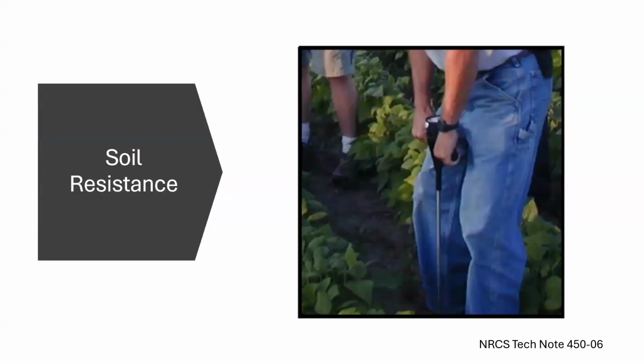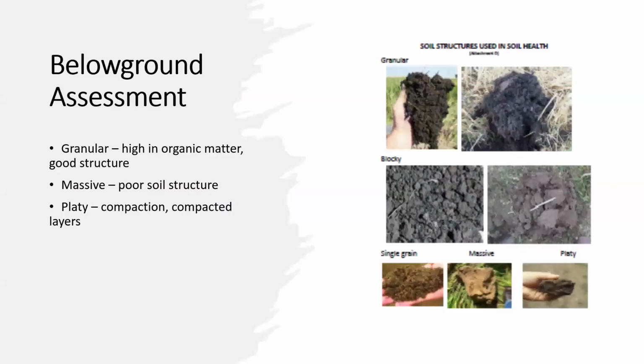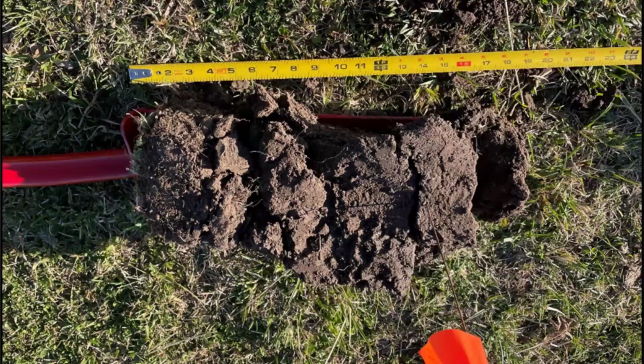You can get a penetrometer, although honestly, it's not really needed because you can dig out some soil and look at how it breaks apart in your hand. Is it platy? Is it a brick? Or does it just fall apart in your hands? All of these are just visual, easy indicators to know what's going on, right?